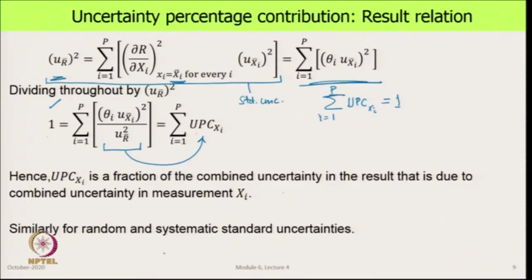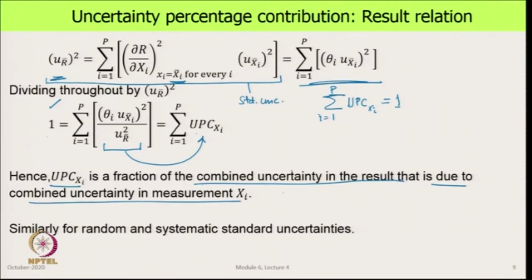So, with that we can state again that UPC xi, the uncertainty percentage contribution from measurement xi, is a fraction of the combined uncertainty in the result that is due to combined uncertainty in the measurement xi.